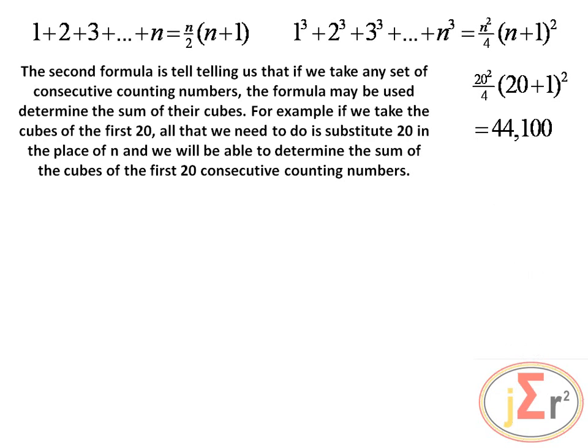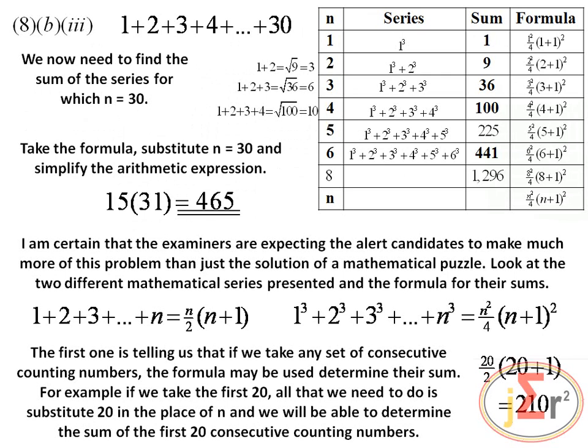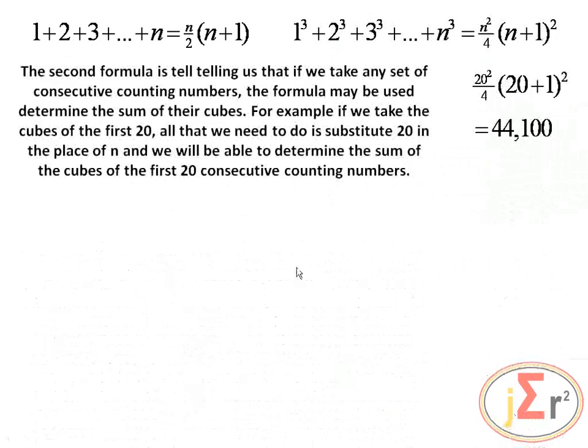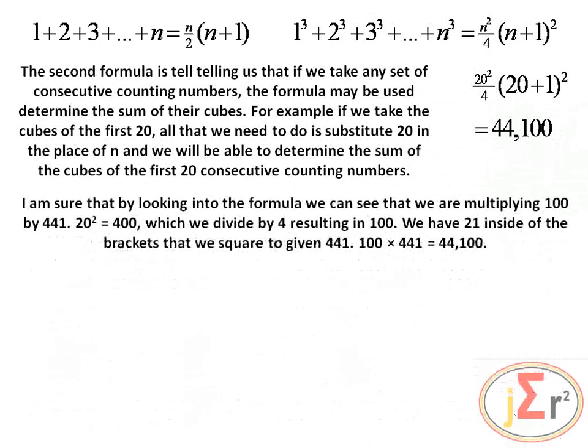Now, let us take a second look. Let us return to the previous slide and see when we added the numbers from 1 to 20 what the result was. The result was 210. Now this one is 44,100. I am sure that by looking into the formula we can see that we are multiplying 100 by 441. 20 squared is equal to 400, which we divide by 4, resulting in 100.